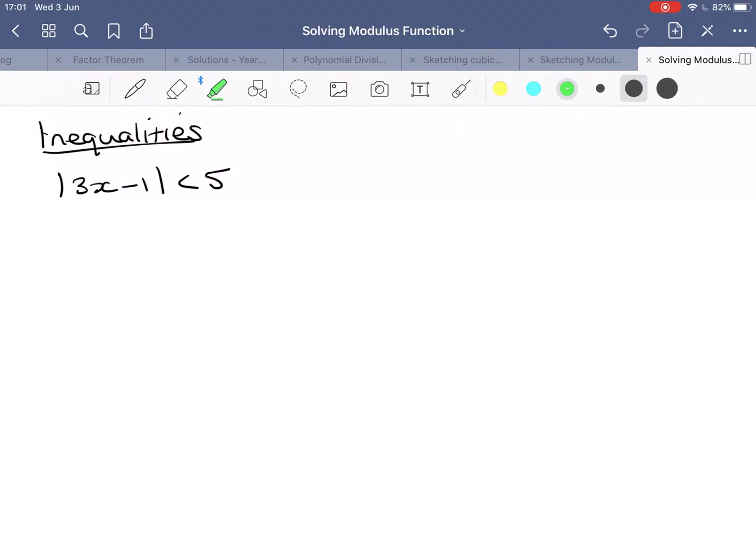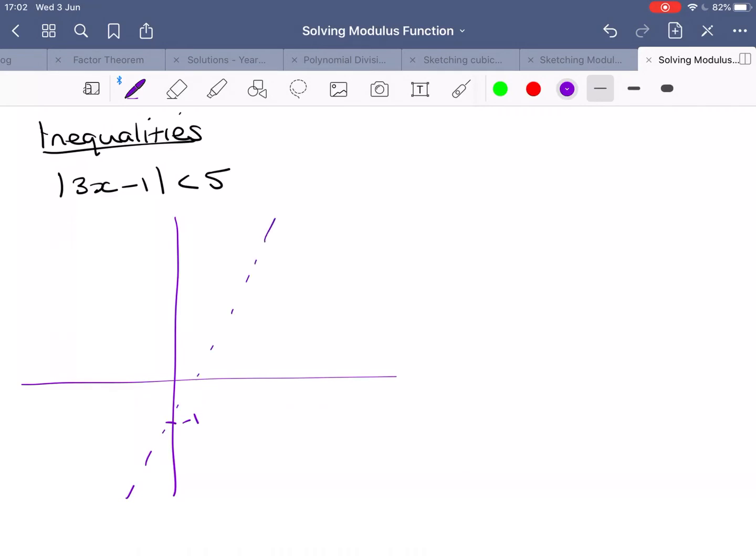Right, now they can turn them into inequalities. It's a slight difference, but it's a bit like when we did inequalities of quadratics. Again, you have to draw the picture to help you solve the inequality. So the first step is we've got to draw the picture. So just like before, do the line y equals 3x minus 1, crosses at minus 1, it's fairly steep, so it would look something like that.